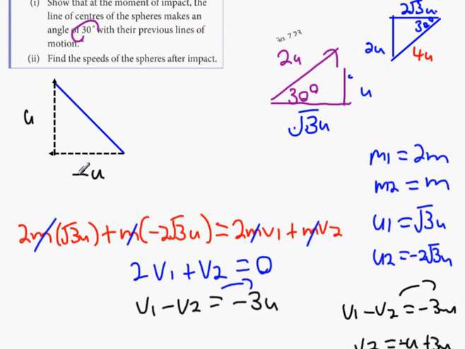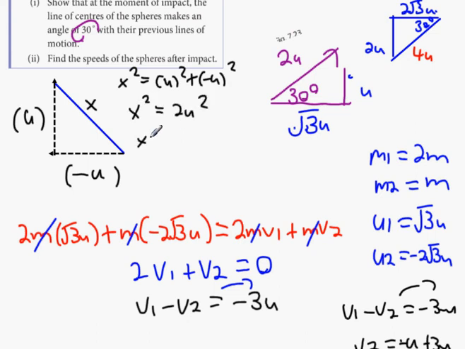What's the speed of that then? Using Pythagoras' theorem, let's just call it x. X squared equals u squared plus minus u squared. X squared equals 2u squared. X equals root 2 u. That's the speed of the first particle after collision.